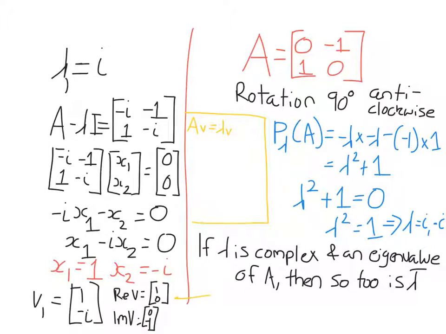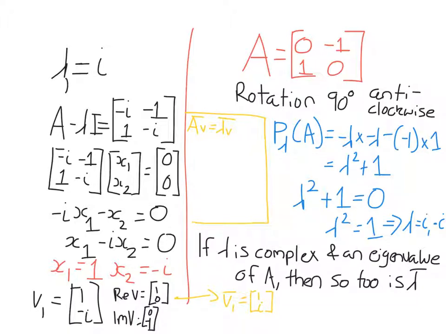So for v1, the complex conjugate vector will be the same, but we take the complex conjugate of each of its entries. So it'll just be (1, positive i). That's what I mean when I take the complex conjugate of each side.